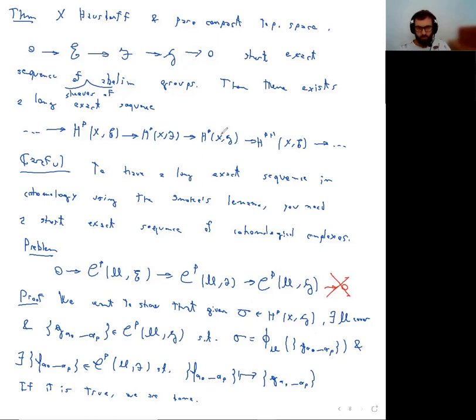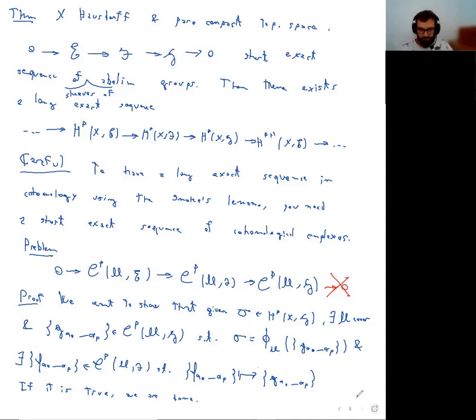So we have a sigma here. Where does it go here? The idea is that you want to follow the steps of the snake lemma, but what you're missing is that this map is surjective. So you don't know that it has a pre-image here. But if I find one specific cover which does have a pre-image, then I go back all the way, and I do find an element in here, like a p plus 1 cochain of E. And when you go down to the direct limit, that's going to be your image of sigma.